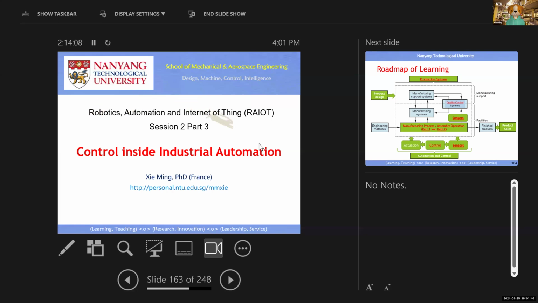Now the big question will be: are we going to make use of human workers to manually control these key parameters or key variables, or are we going to deploy machines or a control system to achieve the control of all these key parameters or key variables, right? So obviously in today's situation, we must make use of a control system to achieve automatic control of all these key parameters, right, or key variables.